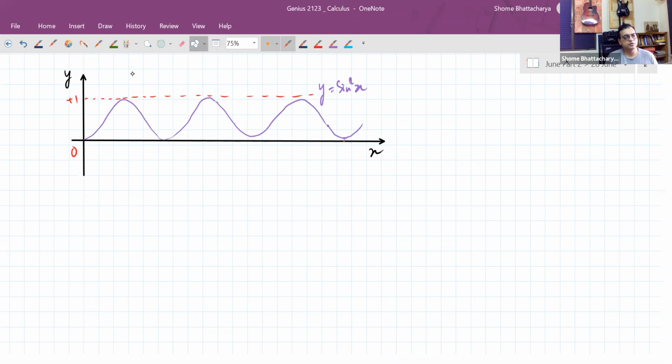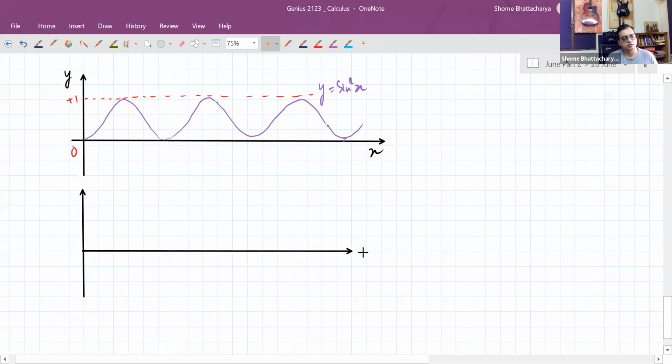And similarly, if you compare this with the graph of cos square x, sine square x actually has a cycle of pi.